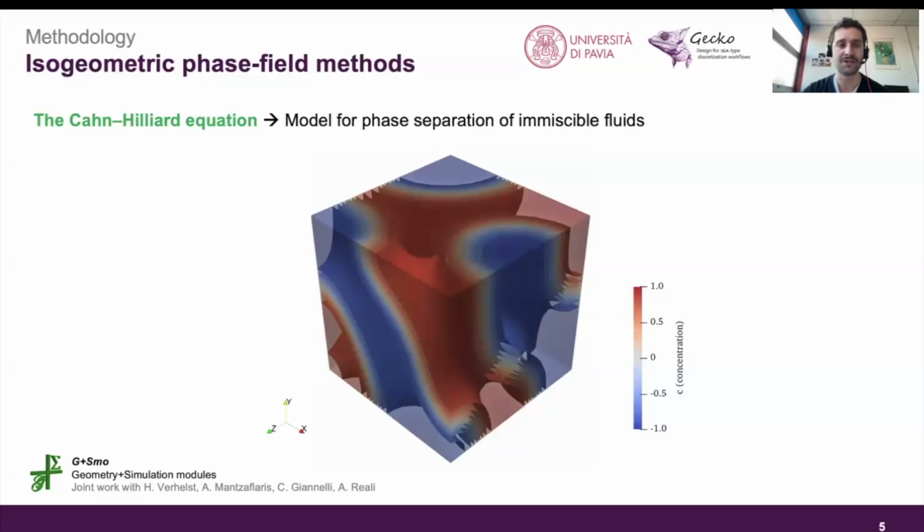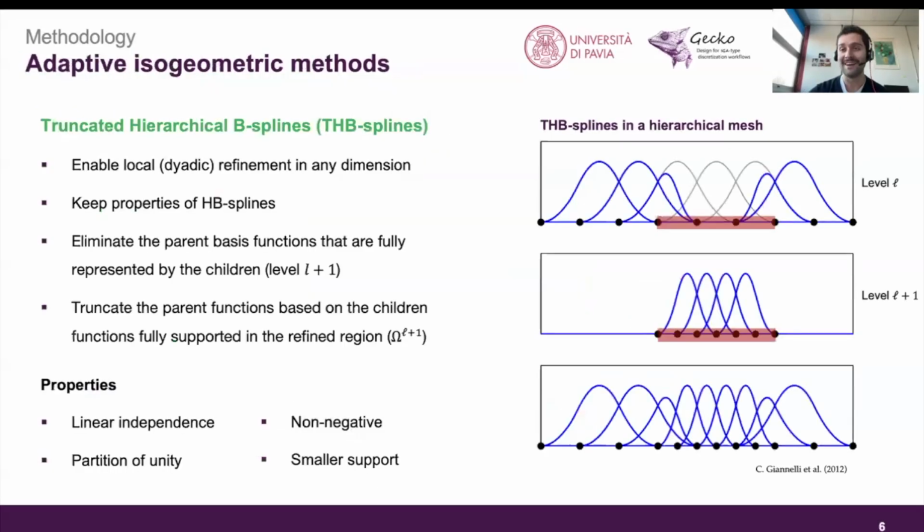Among the many bases in the literature for using adaptivity in the context of IGA, we opted for the truncated hierarchical B-spline basis, because these bases enable refinement in any direction.